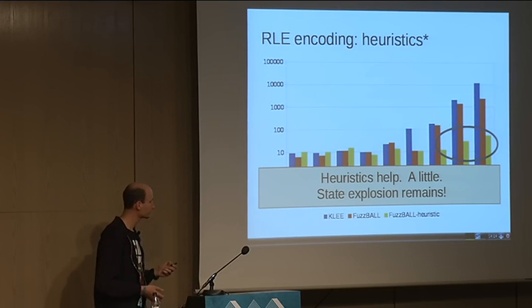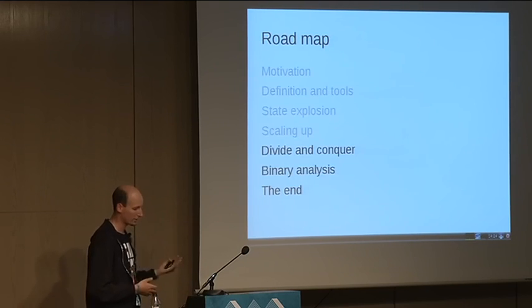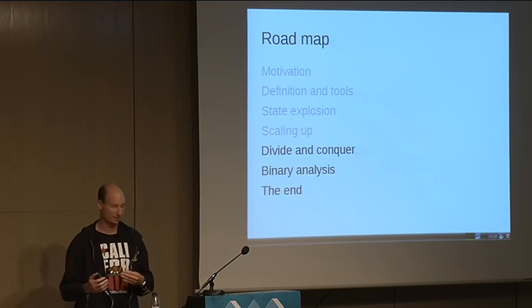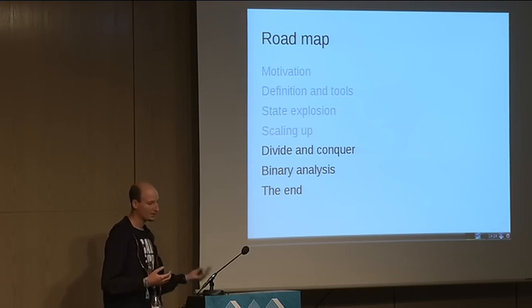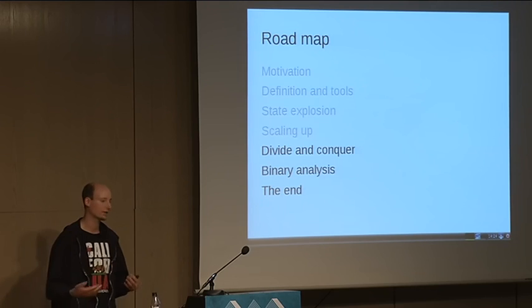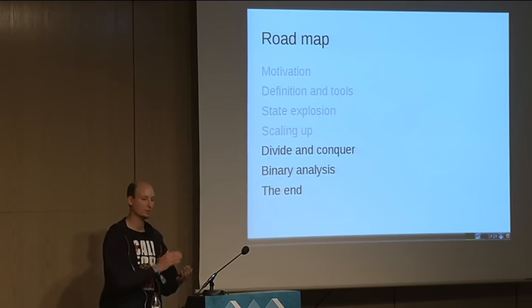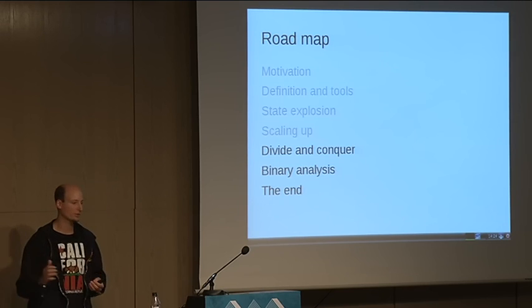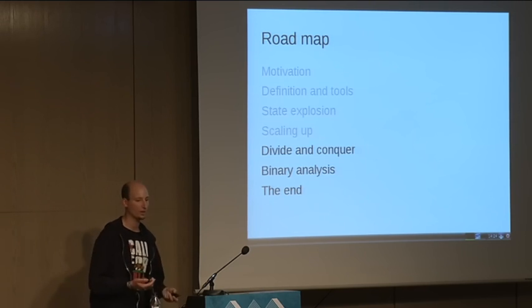So let's see if we can use a divide and conquer approach to break it up into smaller steps. Heuristics got us this far. Now let's take a data-centric approach and split the process of computing the pre-image into several smaller steps, and we tackle each step on its own.